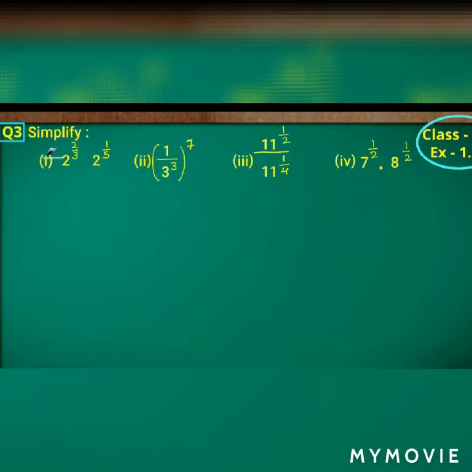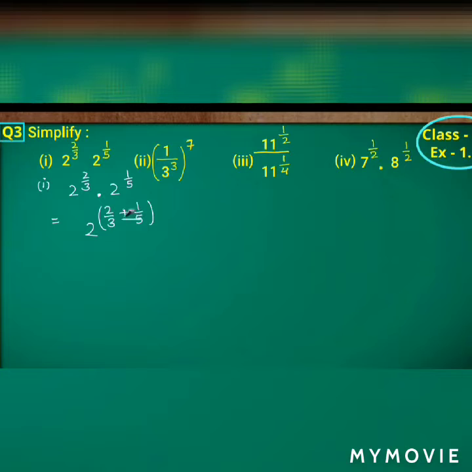And the next question: we have to simplify each question here. 2 power 2 by 3 into 2 power 1 by 5. It is in the form of a power m into a power n, isn't it? If you have the multiplication of the same base, we have to add the powers of the same base. So a power m into a power n equals a power m plus n, that is 2 power 2 by 3 plus 1 by 5.